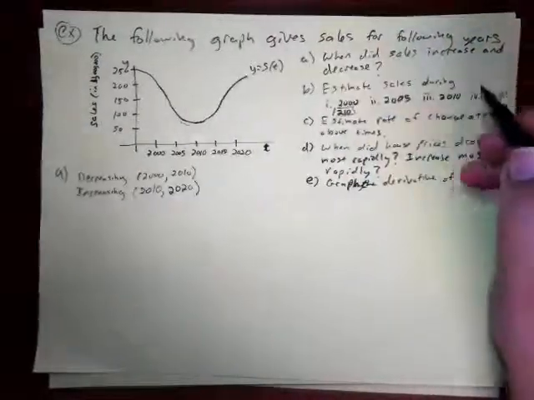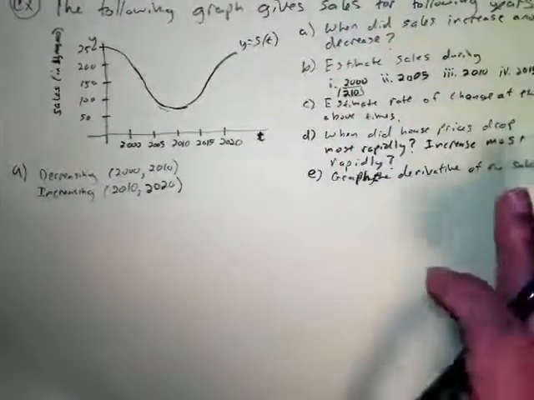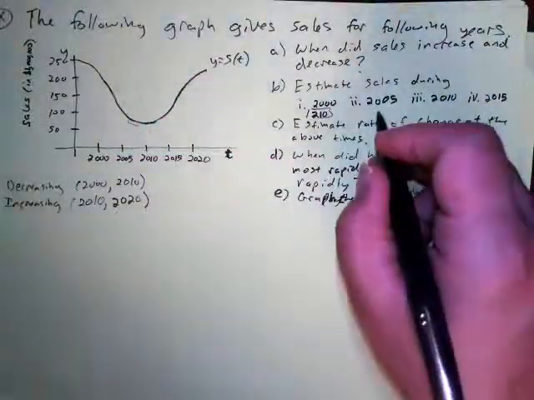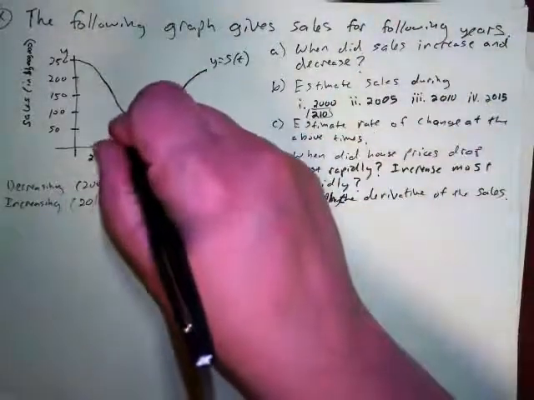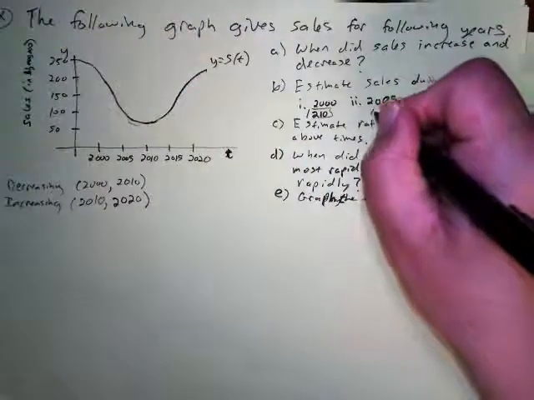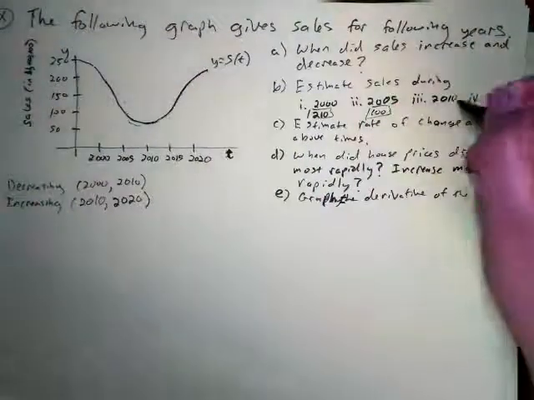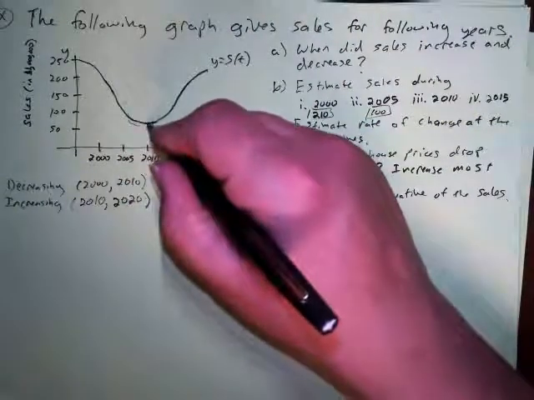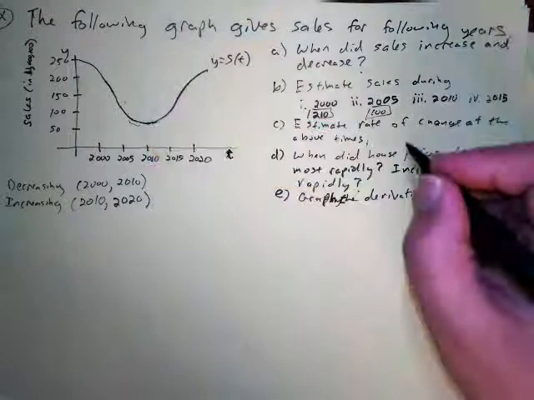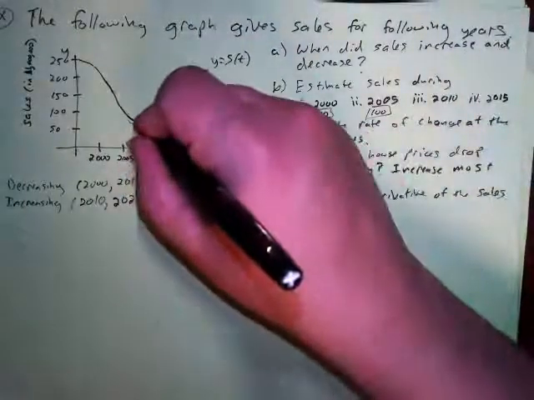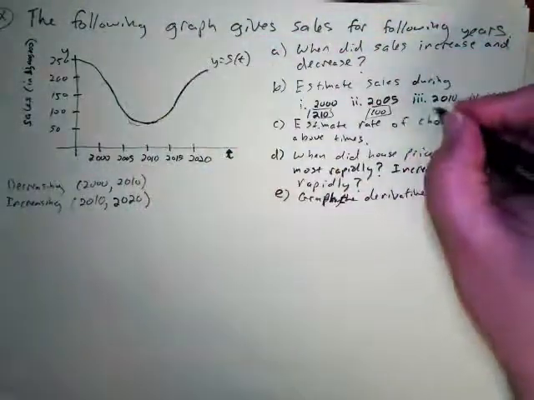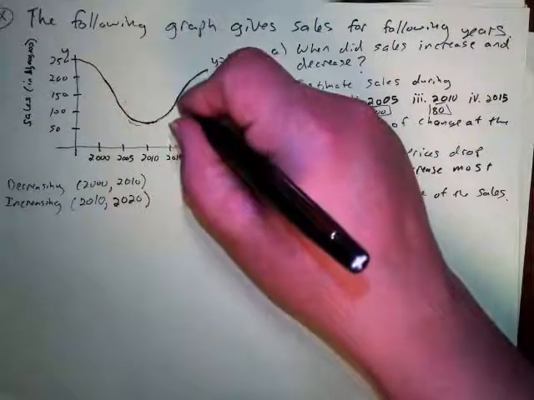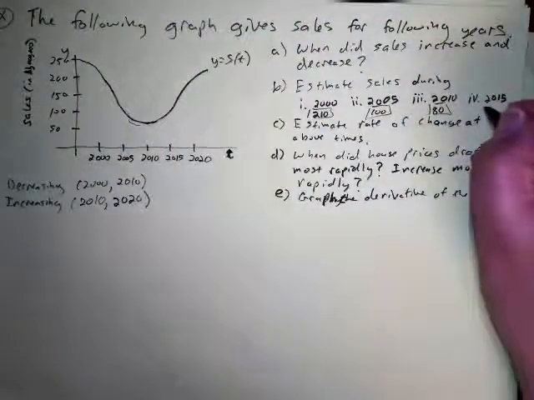At 2005, I don't know, about 100. At 2010, I don't know, about, we'll say about 80 million, and then 2015 it's up here at about 150.